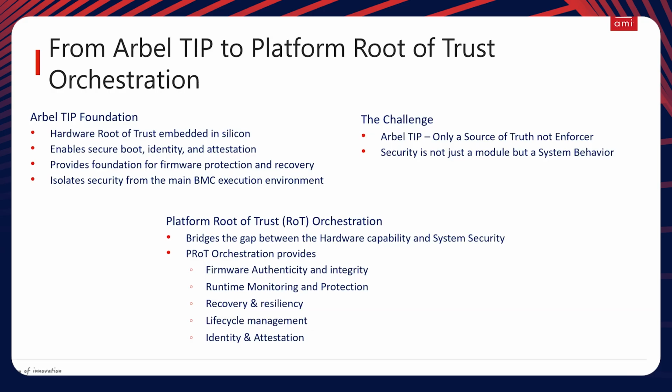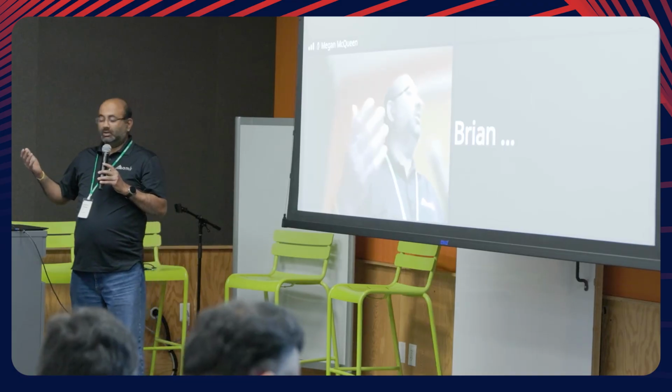You need orchestration firmware that actually exercises the capabilities available in the silicon to provide those security services. So this is where the root of trust orchestration firmware comes in.